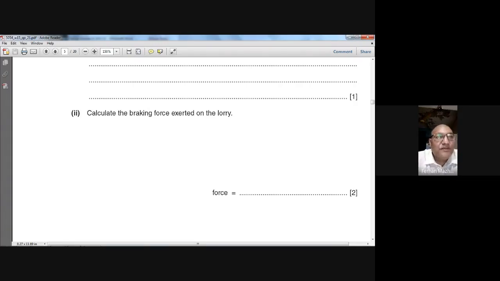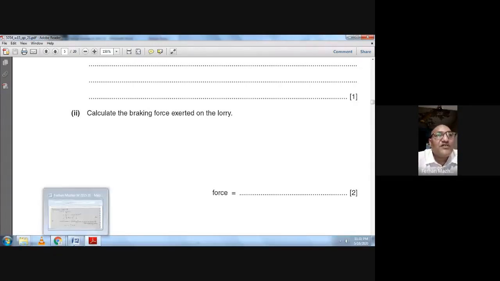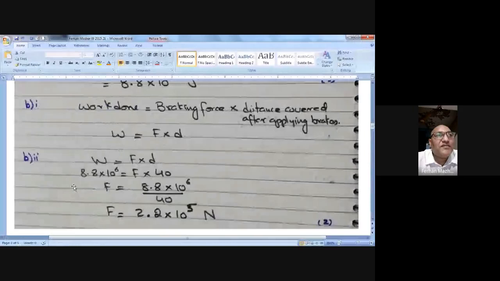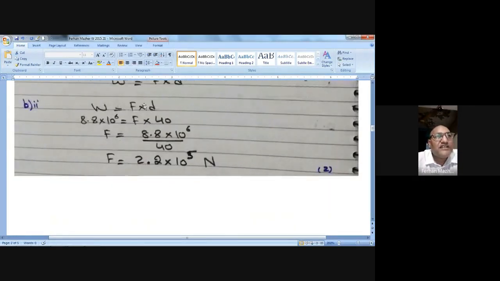I have done this on paper. Let me show you my work also. Okay, so here is the first part. Work done is equal to braking force times the distance covered after applying the brakes. So work is equal to F × D, and we know that the work done by the braking force is equal to the change in kinetic energy.